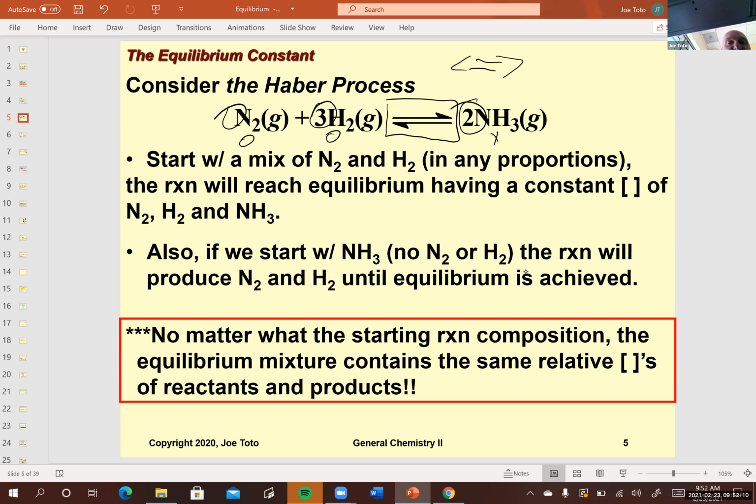The second law of thermodynamics tells us that, and we'll get to it when we look at thermochemistry.